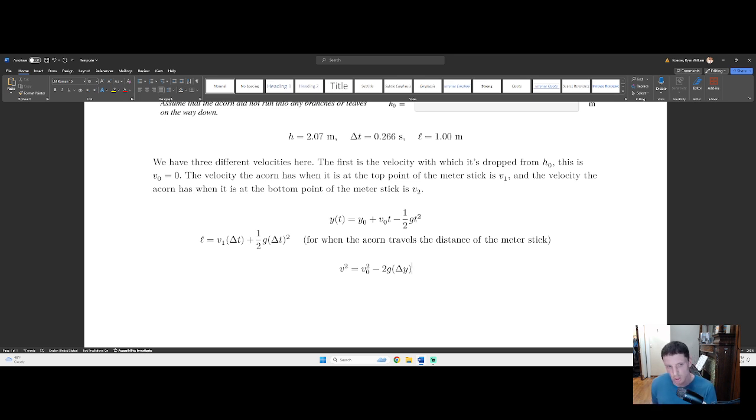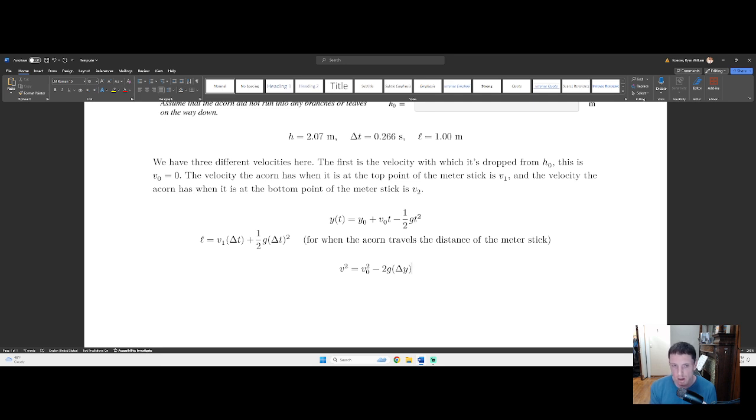Okay, so this is the general form of the equation that I want to use, right? What I'm trying to do with this is figure out how far it falls from when it is at the top of the tree, with v naught being 0, to when it's at the top of the meter stick.